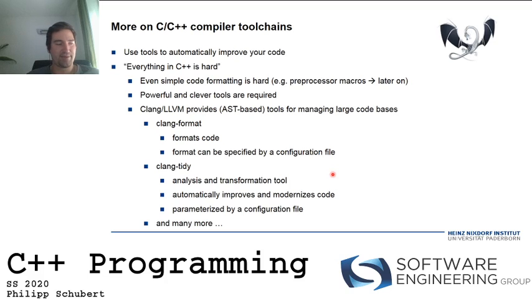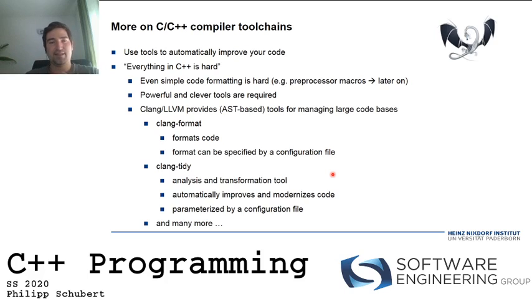Maybe you are left with some pieces of code in your code base which make use of some very old C++98 structures and ways of writing code from those times. And the Clang Tidy tool is even able to modernize your code and transform certain language constructs into modern ones that are easier to understand and safer to use.